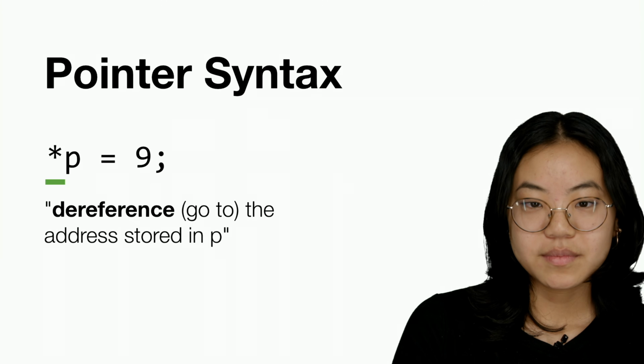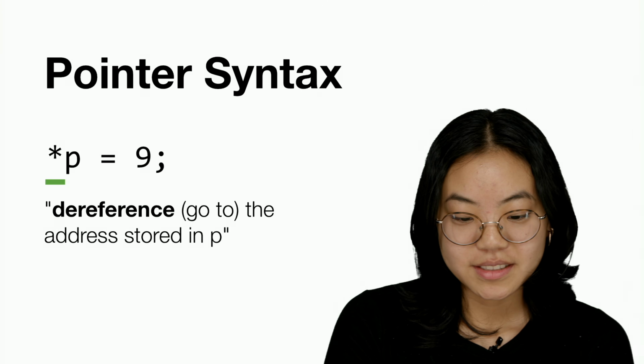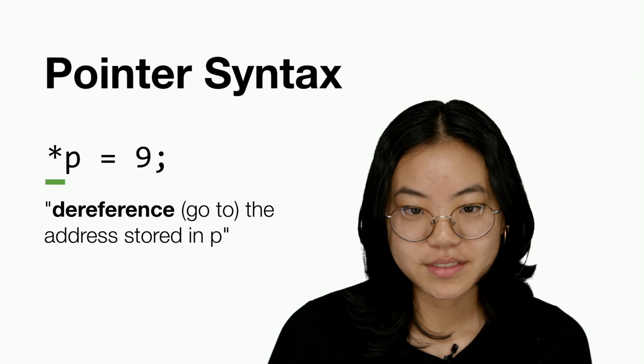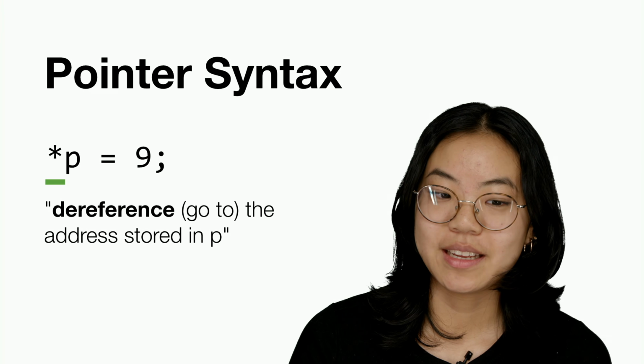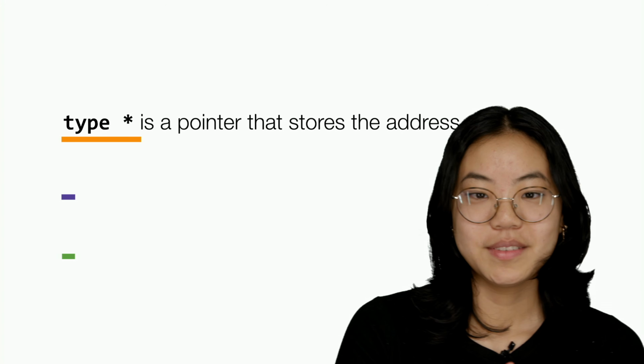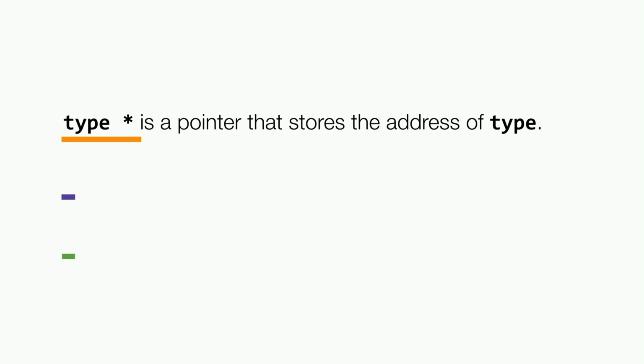So again, this star here is what we call dereferencing. Dereference, or go to, the address that is stored in p. Okay, so as a summary, type star is a pointer that stores the address of type.